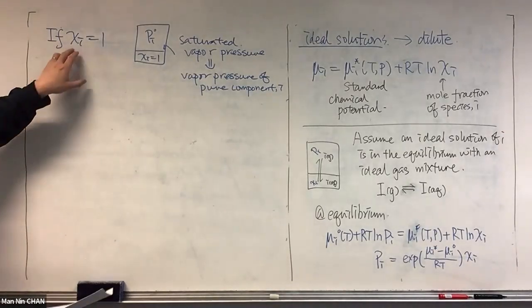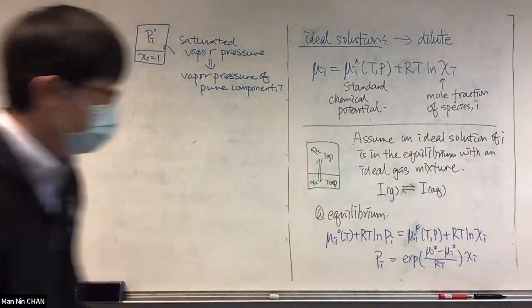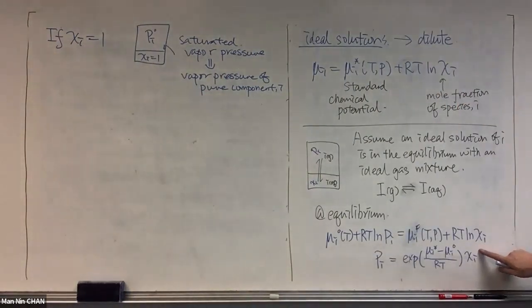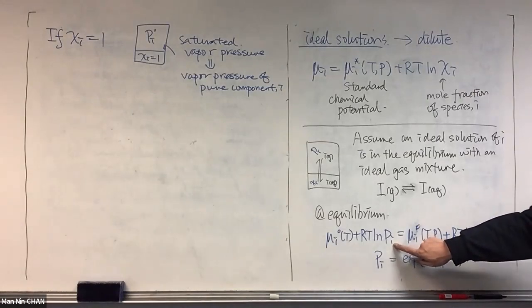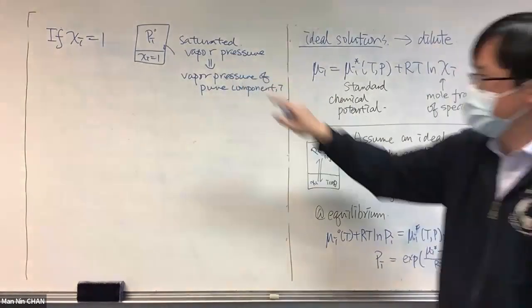So if you set this xi equal to 1, this one will become pi naught. This will be your saturated vapor pressure.